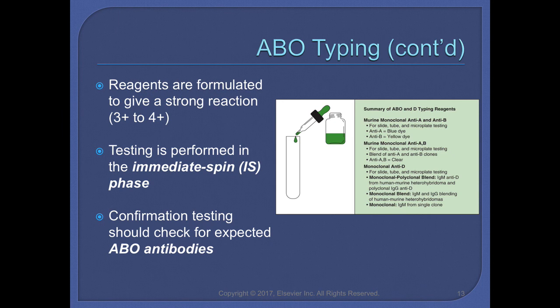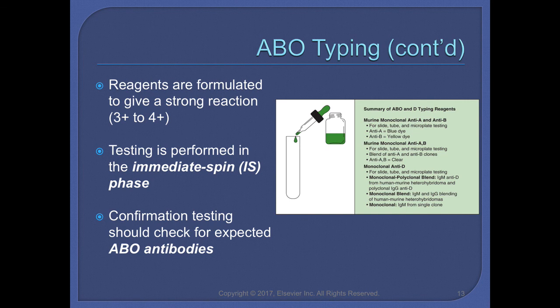Okay, so these reagents have been formulated to give us a very strong reaction. If the antigen is there, it should react with the antibody. So it should form an antigen-antibody reaction. So in ABO typing, if everything is going correctly, you should get about a 3 to 4 plus reaction.